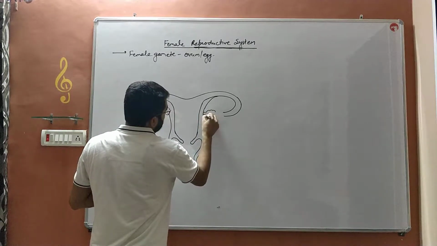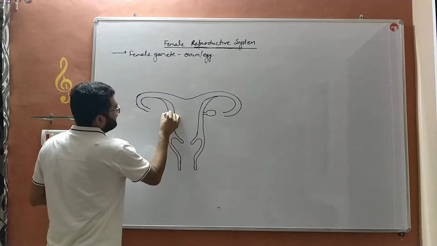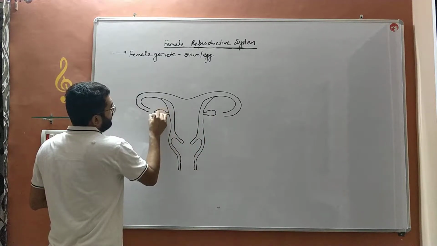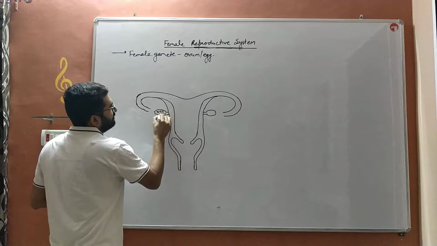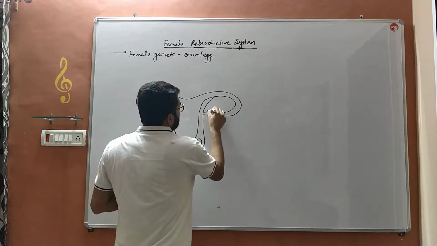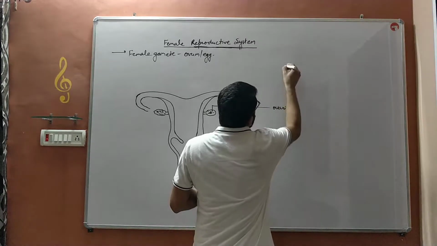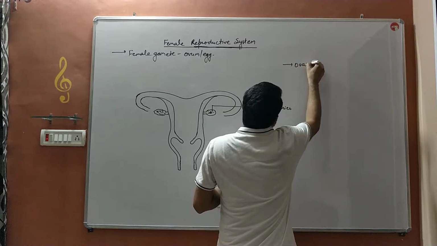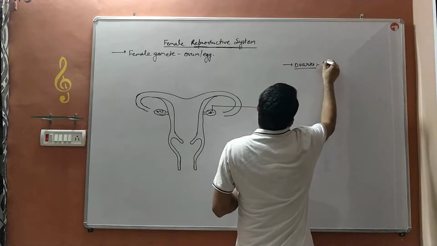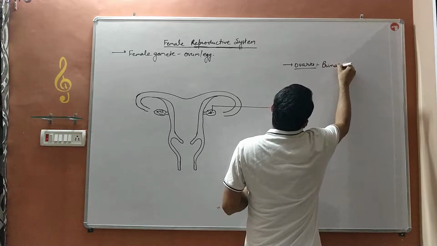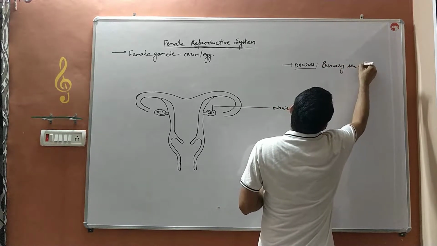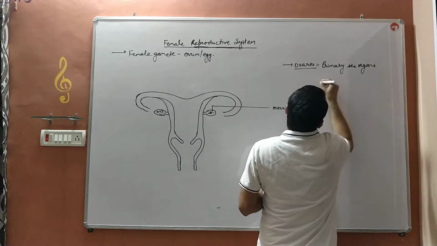In the abdominal region, on the left and the right side, a pair of ovaries are present. These are ovaries. Ovaries are primary sex organs. Why are they referred to as primary sex organs?